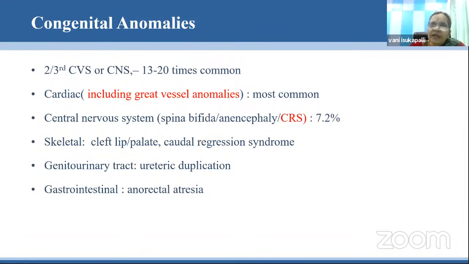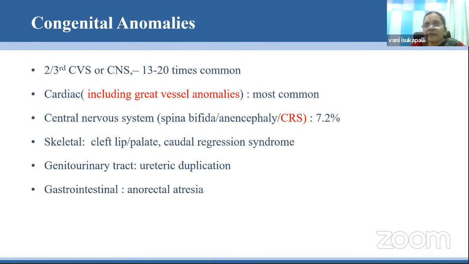We already would have studied that transposition of the great vessels is a very peculiar and important effect of the cardiac malformation. Similarly, in the central nervous system, spina bifida, anencephaly, and in the skeletal system, the caudal regression syndrome, wherein sacral agenesis can happen.